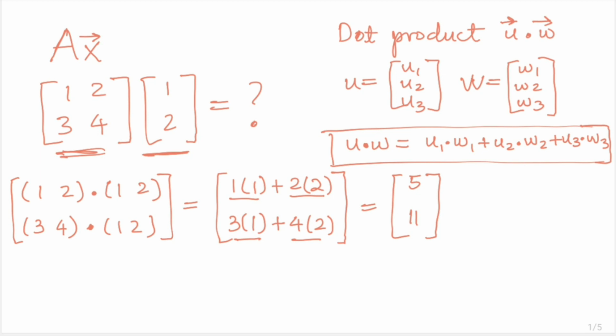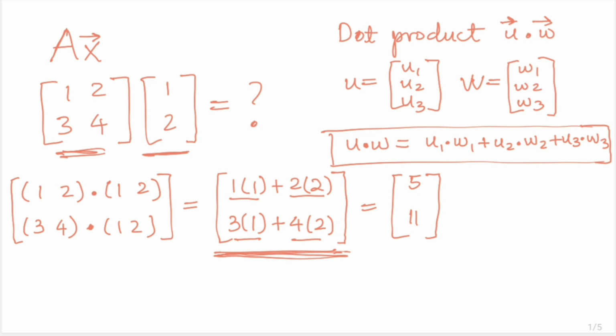Now, this is one way of looking at matrix multiplication, where you take dot products. But I want us to look at another way. This is not my way; it is also another way of looking at it. When you look at this result here, you can look at this column.